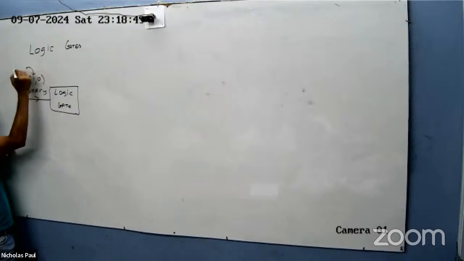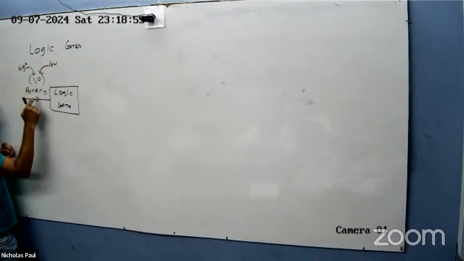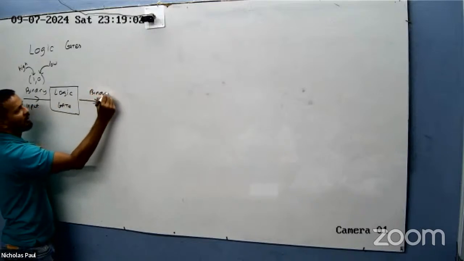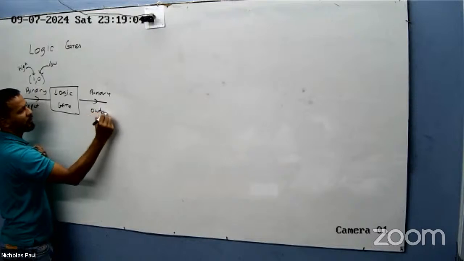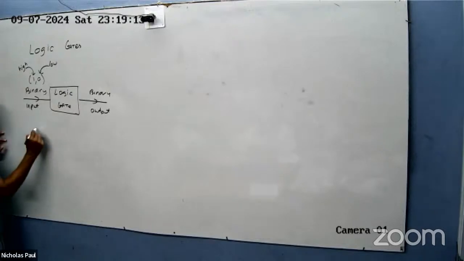A one could be on or off or high, and a zero be like low. So it takes a binary input and gives you a binary output. Right? That's basically what a logic gate is. And the way the logic gate works, it works by something called a truth table.